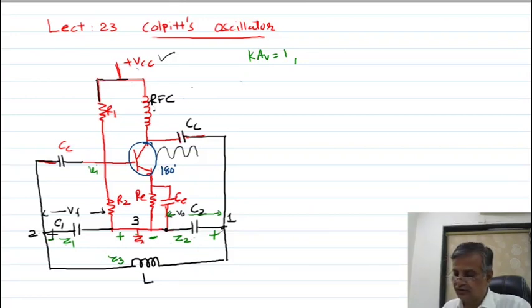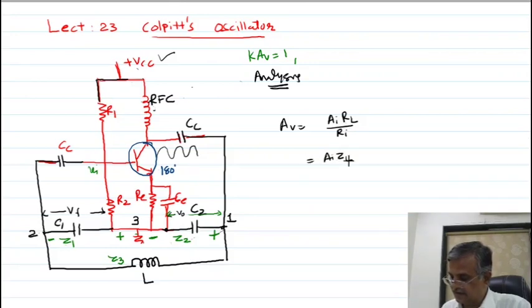Now let us do the analysis. The voltage gain is equal to AI RL upon Ri. You know this equation. So here I am writing AI ZL upon Ri.